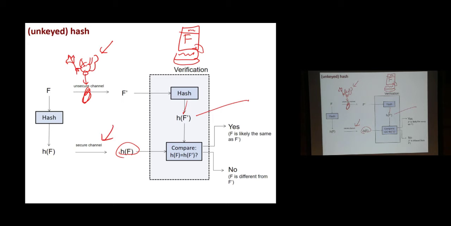This is your job, right? You're an attacker. I know the file, I know the checksum, so I want to find a malware whose checksum is the same as the one Alice gets.